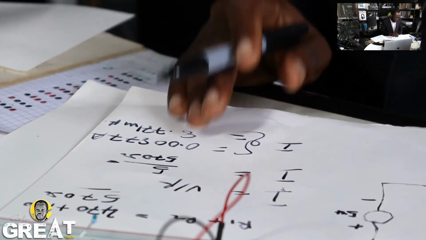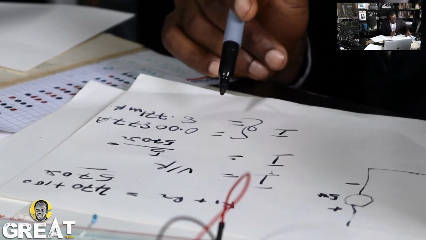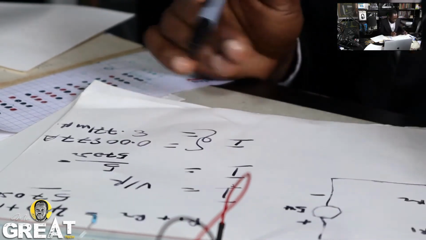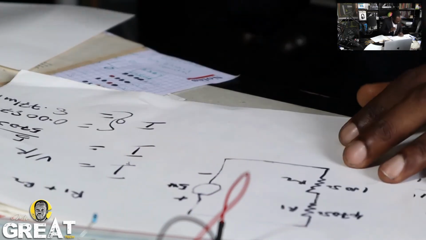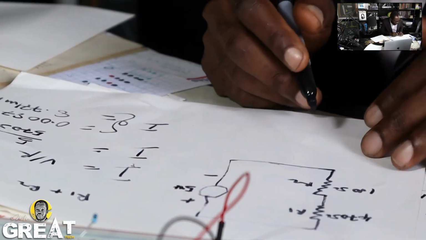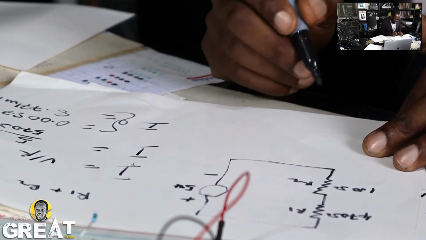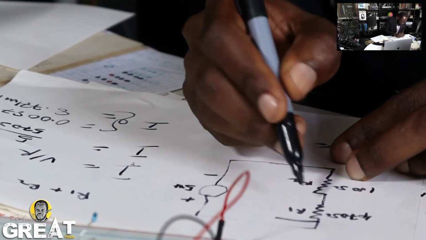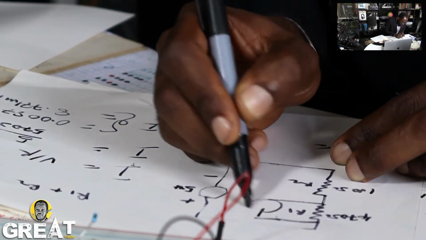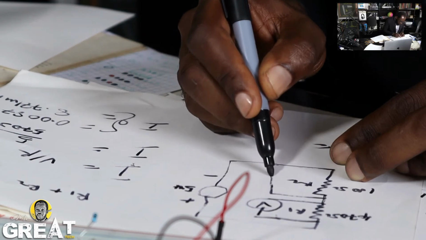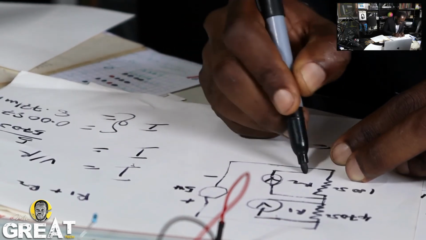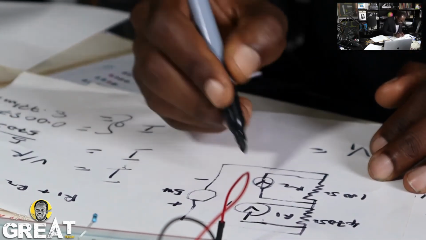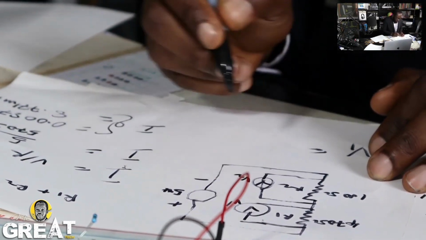So now, how do we get voltage across this resistance? With our formula, I have V equals I times R. So the voltage across this is V1, and the voltage across this is V2.